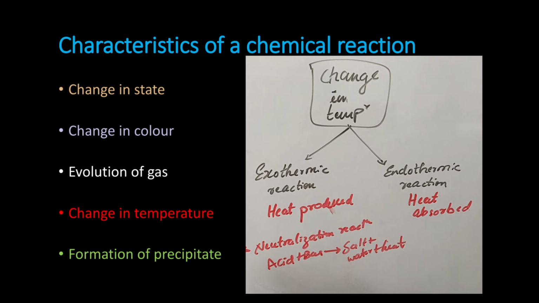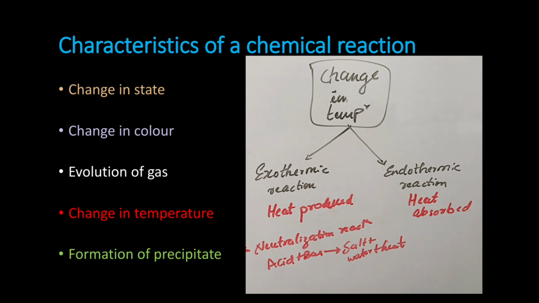In the neutralization reaction, there's a formation of heat. When you start adding the acid and base, the beaker gets heated, right? You can actually feel the heat when you touch the beaker. So when the heat is produced, it means the exothermic reaction.